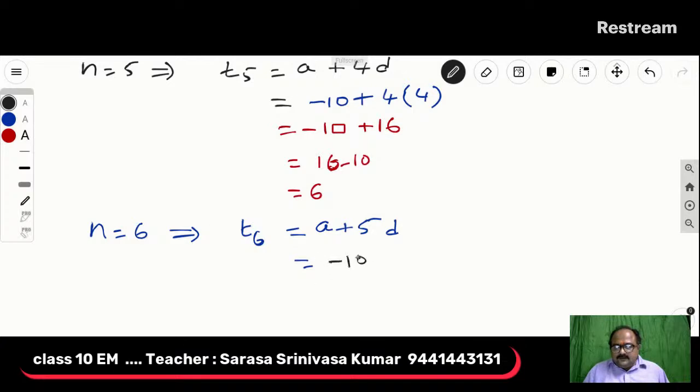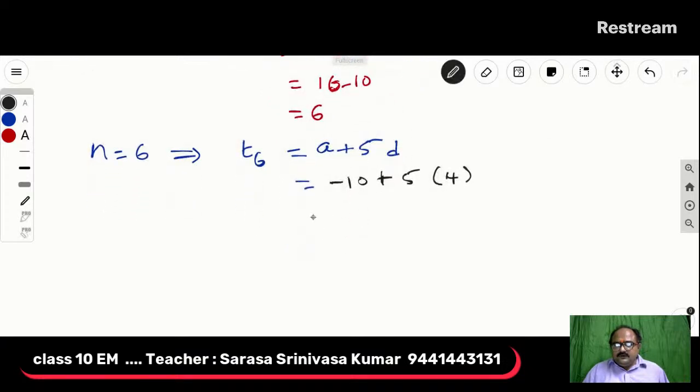It is minus 10 plus 5 multiplied by the common difference, D is 4. This is equal to minus 10 plus 20, which can be written as 20 minus 10. That equals 10.